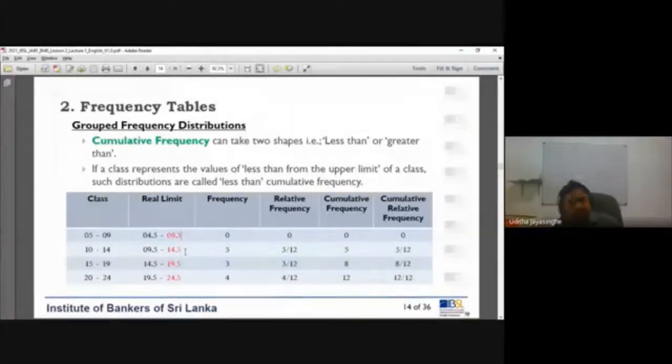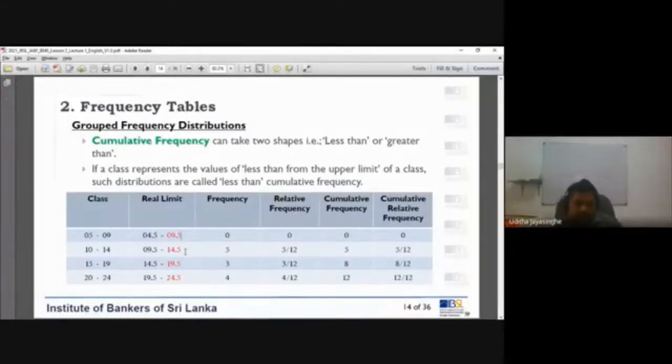But if you have decimals, the best practice would be to go to a second decimal point and do the same exercise. So instead of 9.5, you may have to discuss 9.55, maybe one further decimal point, likewise.